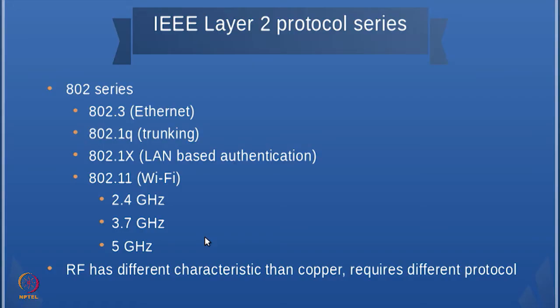In wireless you can have signal loss and a lot of retransmissions. Because of all these things, the protocol for wireless is different from the protocol used for Ethernet. The wireless protocol encapsulates the Ethernet frame and then transmits it in the wireless network.